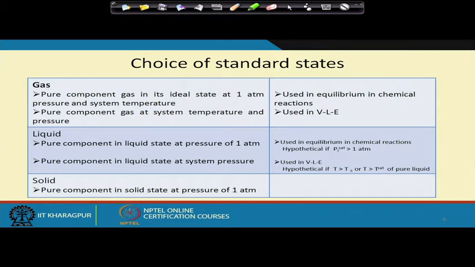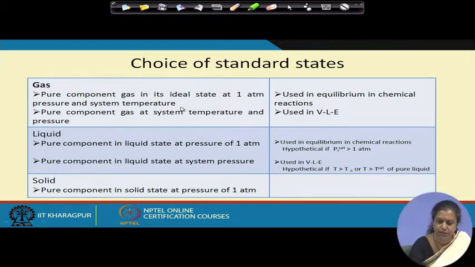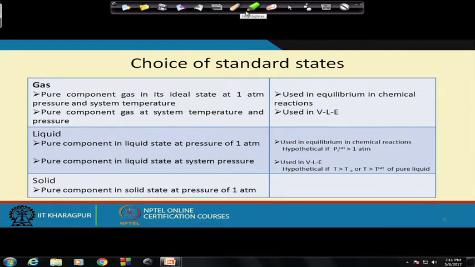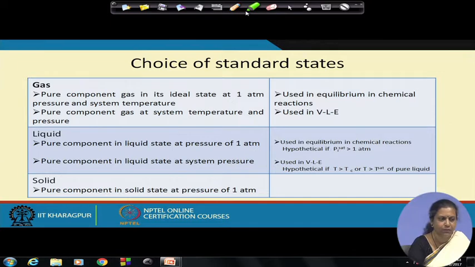Mostly the different types of standard states defined in literature are shown in this slide, where we see that usually the standard states are selected for the different phases as a pure component gas in its ideal state at 1 atmospheric pressure. Everything has to be at the same system temperature, or it can also be pure component gas at the system pressure and the system temperature.